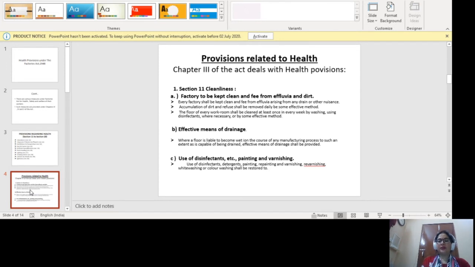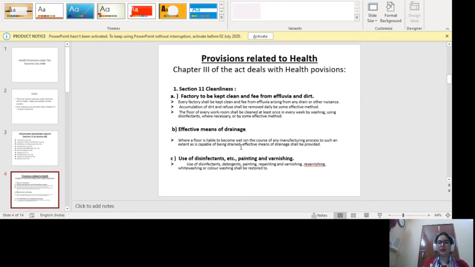Then there should be effective means of drainage where a floor is liable to become wet in the course of any manufacturing process to such an extent as is capable of being drained. Effective means of drainage should be provided. Now, use of disinfectants, detergents, painting, and varnishing, revarnishing, whitewashing, or colour washing shall be restored as and when required.